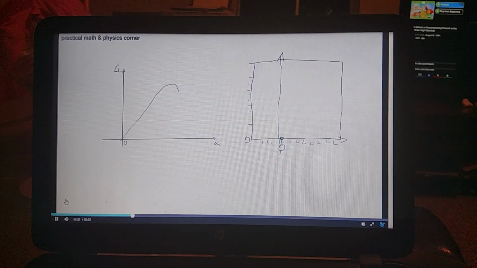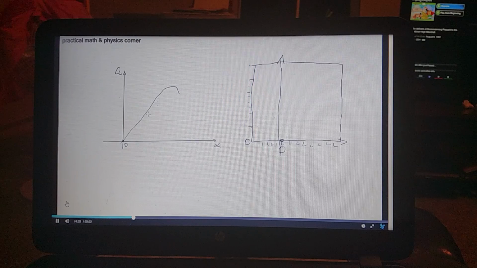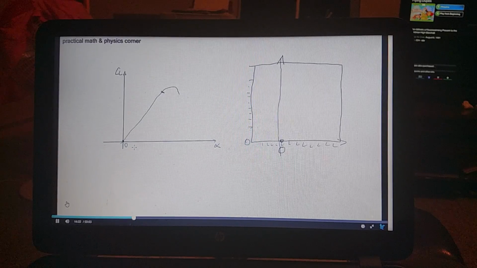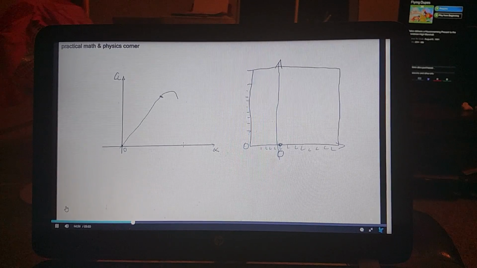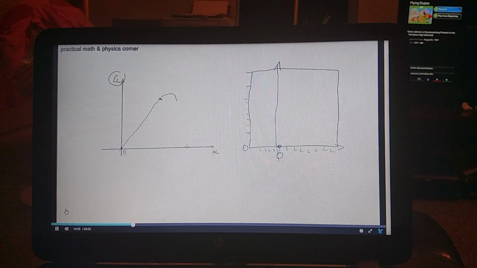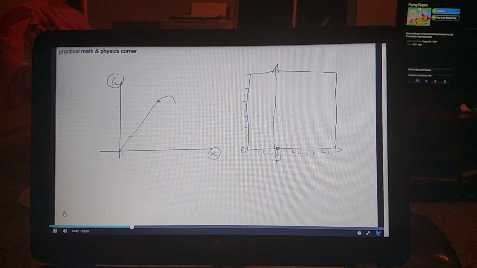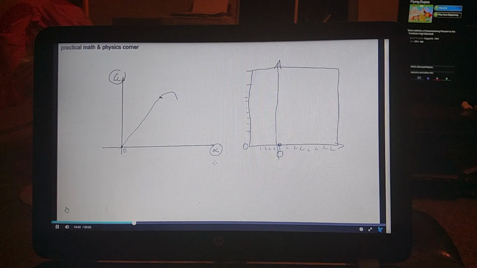We have a linear portion on the lift curve in which the coefficient of lift is directly proportionate. As we said before, linear relationships basically mean direct proportionality to a change in angle of attack.